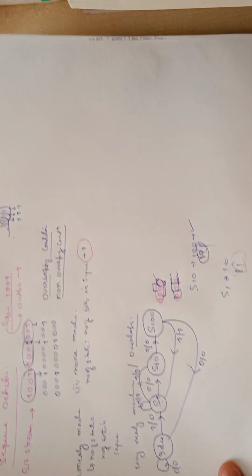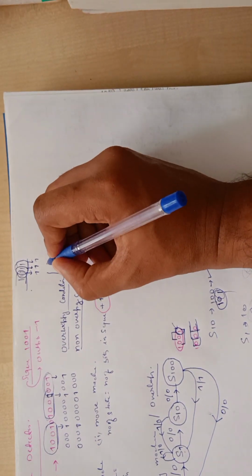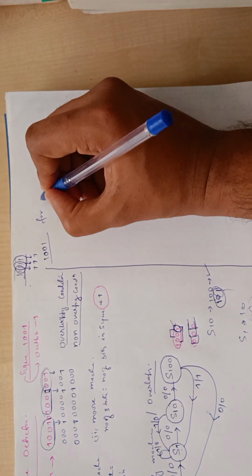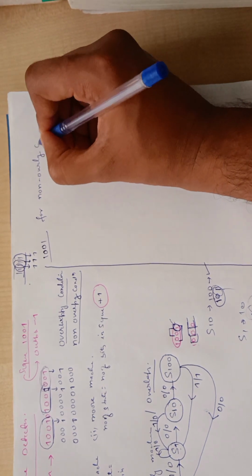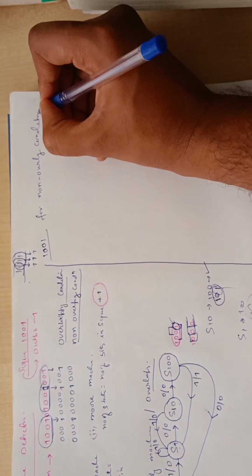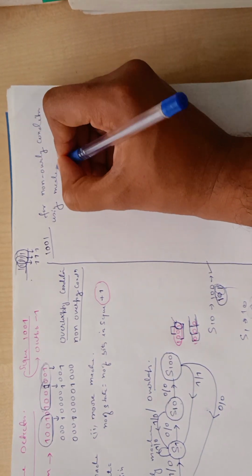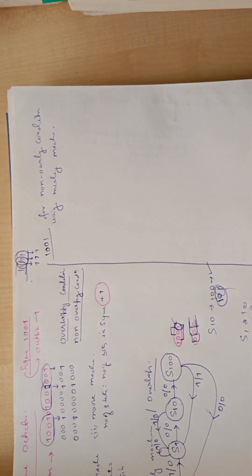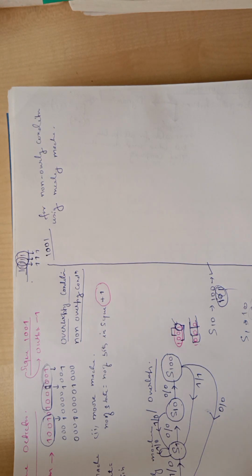And now we will also see sequence 1001 for the non-overlapping condition using the Moore machine. In the Moore machine, the basic difference is it has a greater number of states than the Mealy machine.